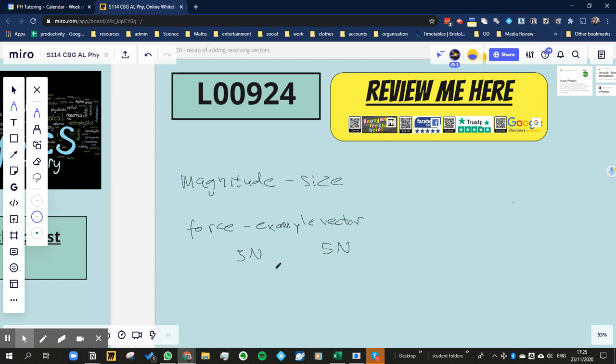What is the resultant force? Without any more information, you might say, oh, it's 8 newtons. But of course, if one was going to the left and one was going to the right, it wouldn't be 8 newtons. It would be 2 newtons, right?